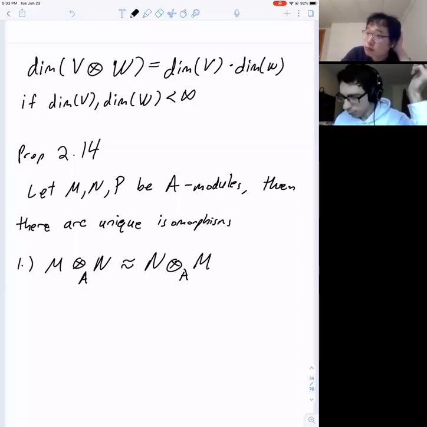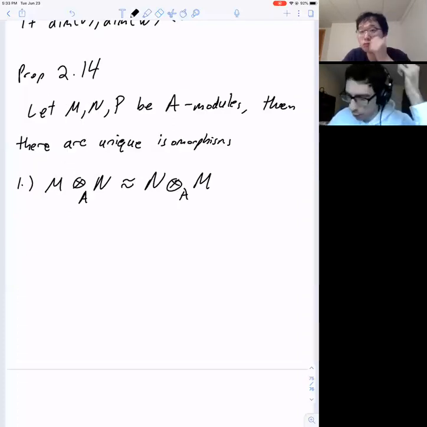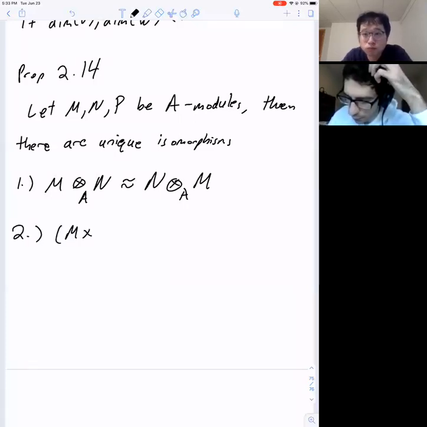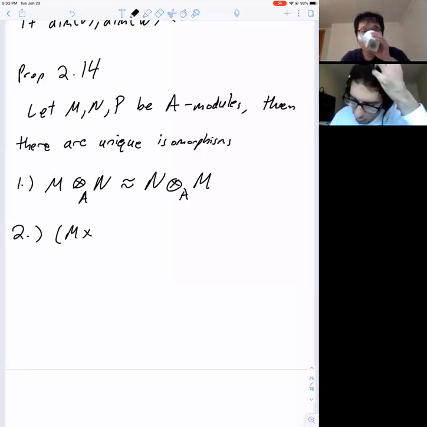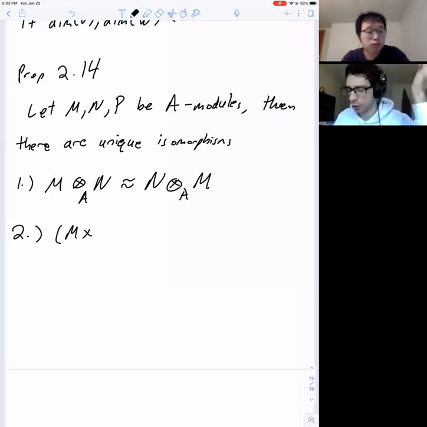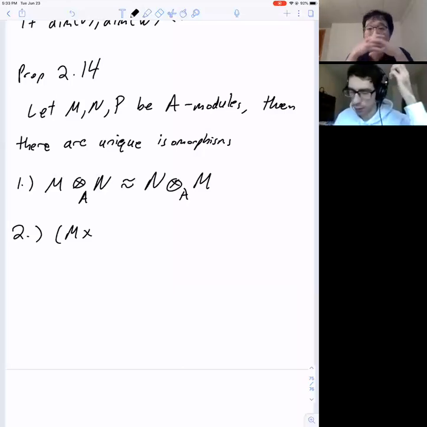So there you go. And then number two is that M tensor N tensor P is M tensor N tensor P. Of course, the tensor product should be associative.